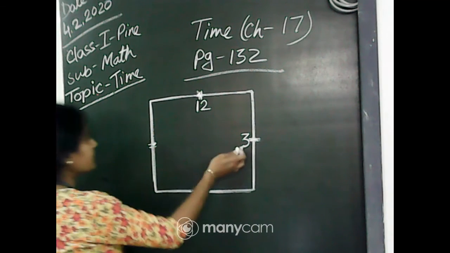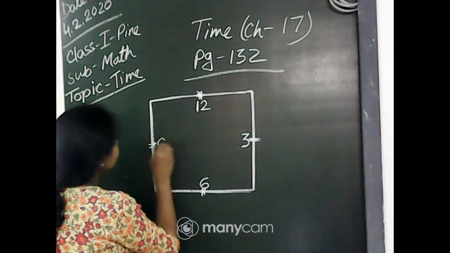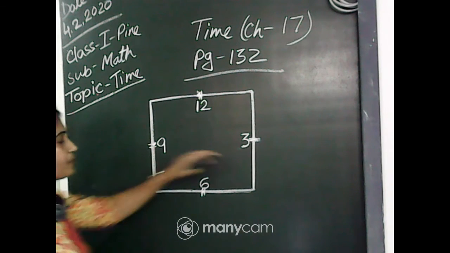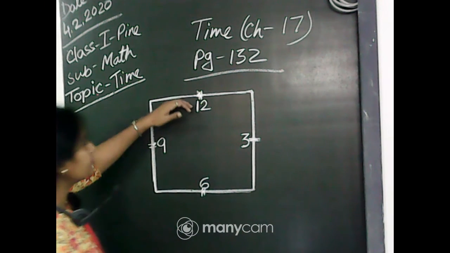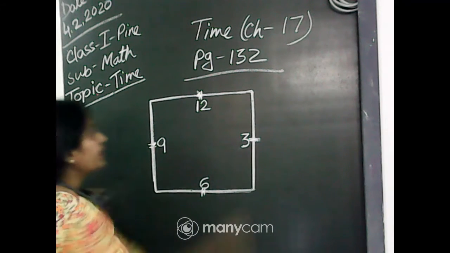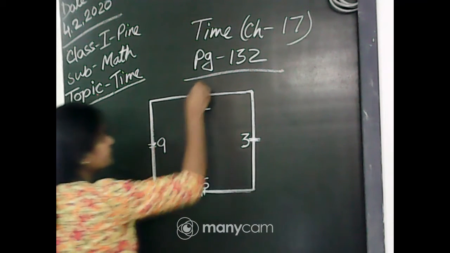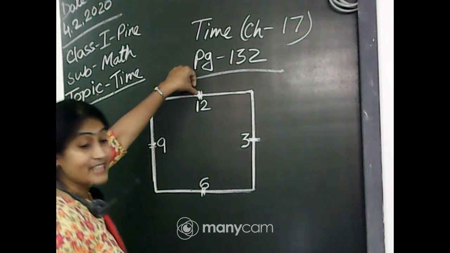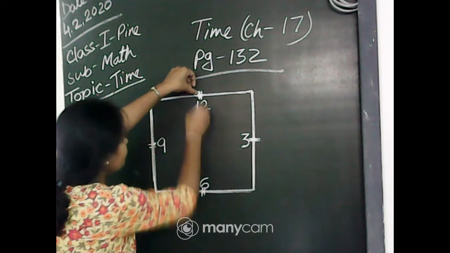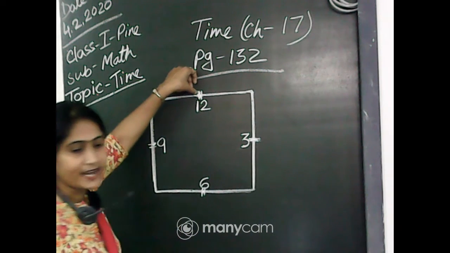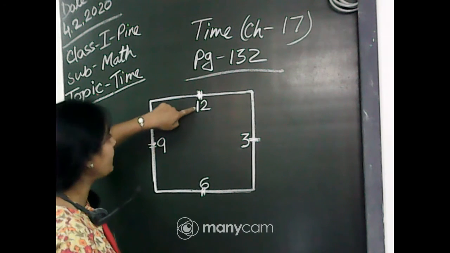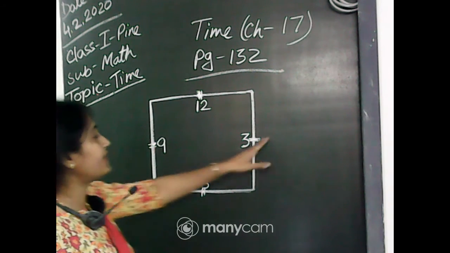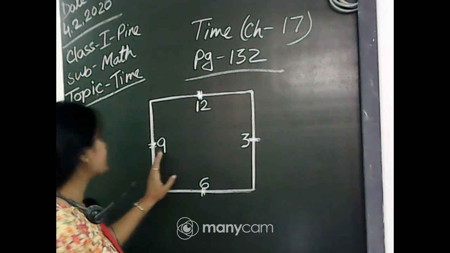And just opposite 3, write 9. First, draw a square and point just the center of the line, and just opposite, same for all the sides. And first write down 12, opposite 6, and right side 3, opposite 9.